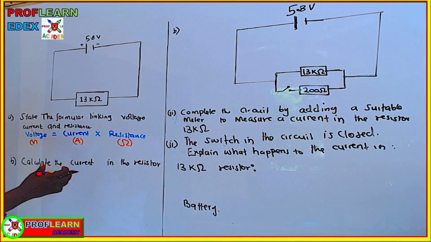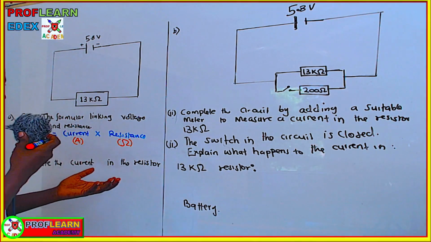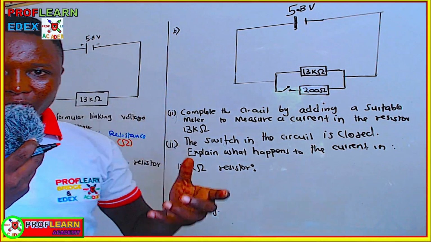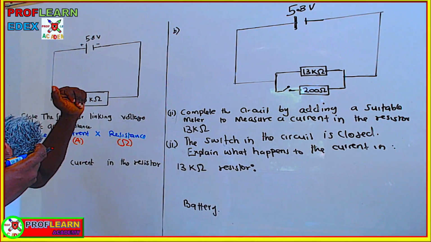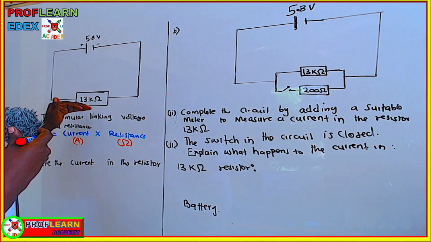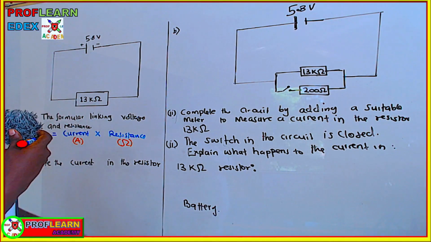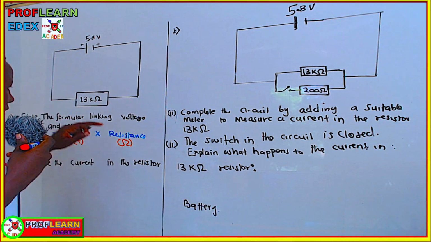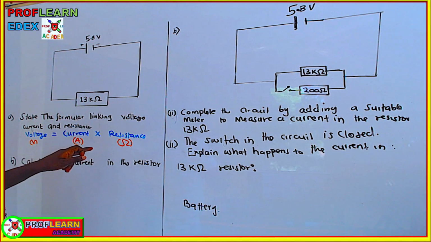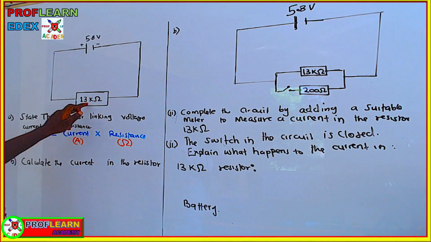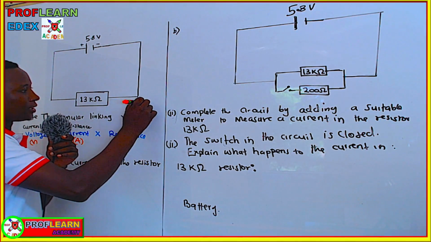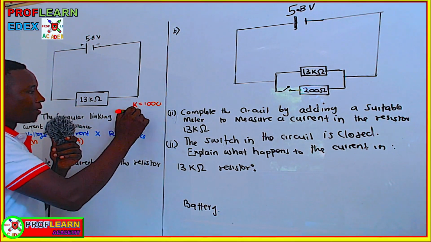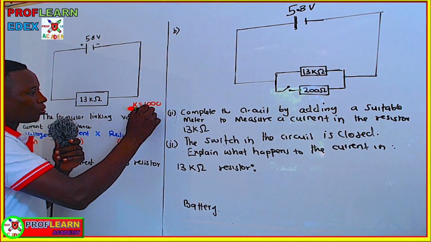Calculate the current in the resistor here, because the voltage is 5.8 volts and the resistance in this circuit is 13 kilo ohms. That's why I'm saying you must be very careful with the units, because here it is kilo, and we know in physics that kilo is the same as 1,000 and mega is the same as 1 million.